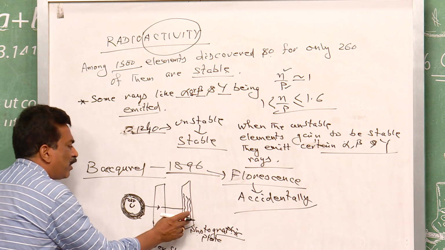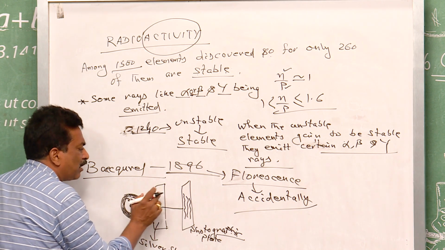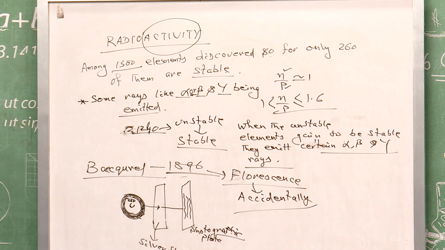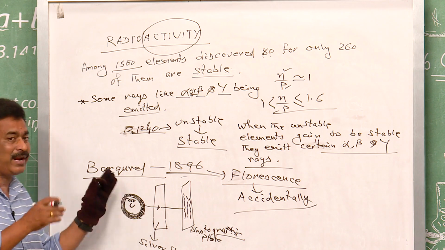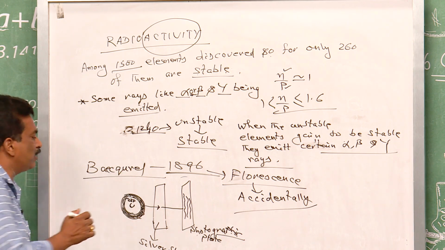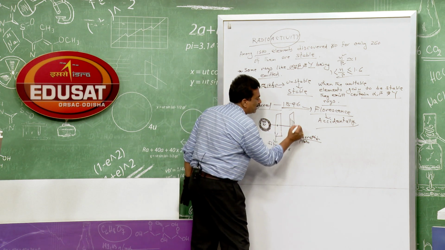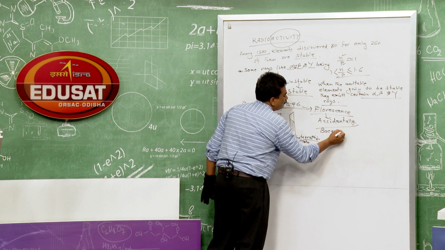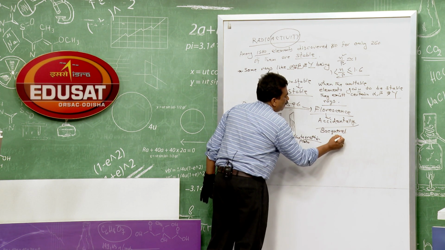When these black spots formed, someone thought that some ray must be affecting the photographic plate, but actually some rays were emitted, which was not thought of by Becquerel. Therefore, such rays are also known as Becquerel rays.